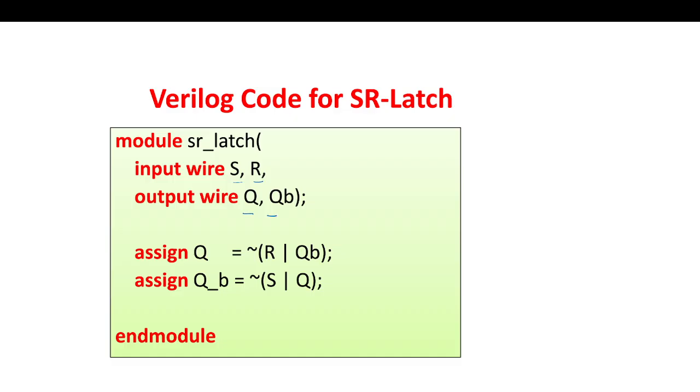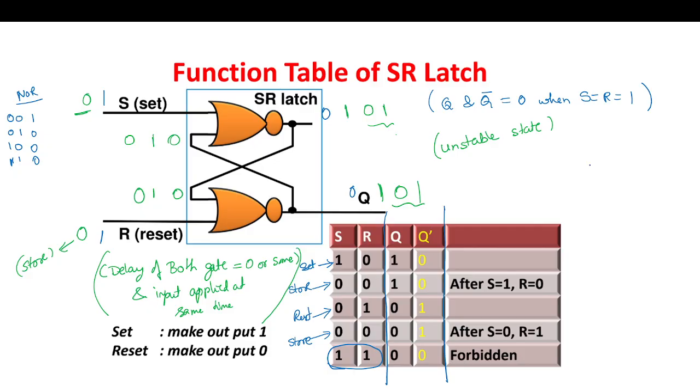So from here, if we take Q bar, it is S NOR with Q complement.